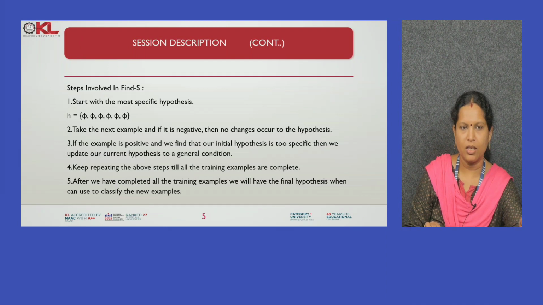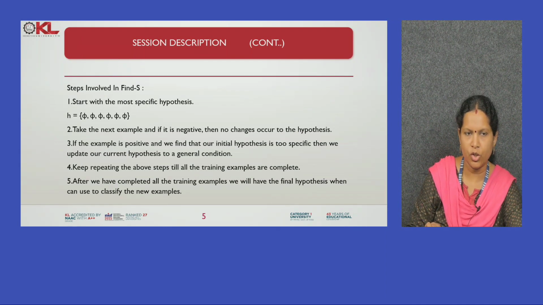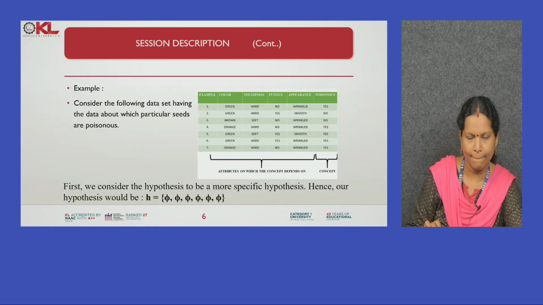It always starts with the most specific hypothesis, H equal to the pi symbol, and if an example is a negative value, we neglect it, because Find S considers only positive values.